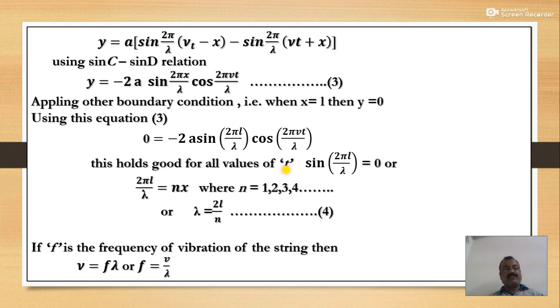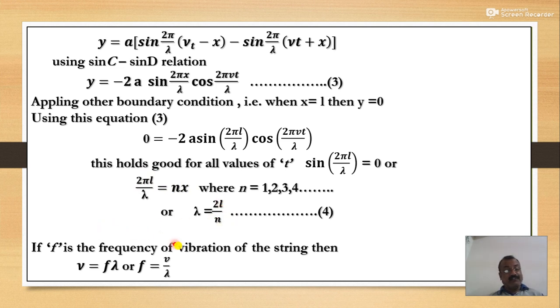At any instant of time t second, it means sin 2 pi L by lambda should be 0. I mean 2 pi L divided by lambda should be n pi, where n is equal to 1, 2, 3, 4, etc. Lambda is equal to 2L divided by n.